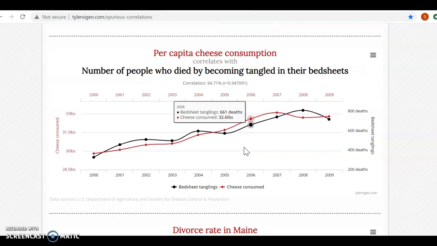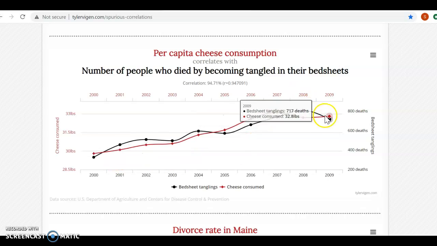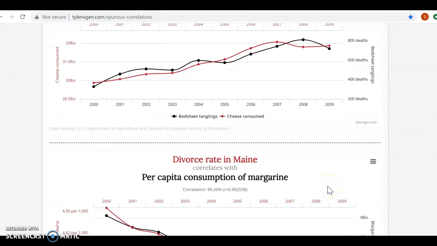This one's good too: the number of people who died by becoming tangled in their bed sheets versus per capita cheese consumption. So the more cheese consumed, the more likely you are to die in your own bed in your own sheets. I don't think that's cause and effect, but there's definitely a correlation. As one increases, the other increases. There are other lurking variables here, and some of them may not be able to be explained.